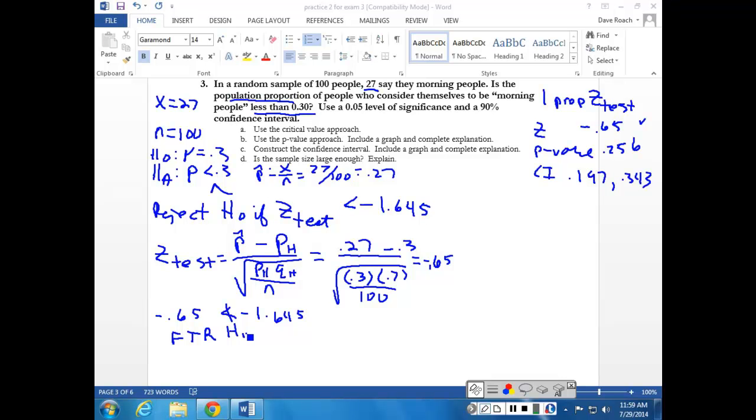So the population proportion of people who consider themselves to be mournful people might not be less than 0.3. So it's all of this, but might not be less than 0.3.